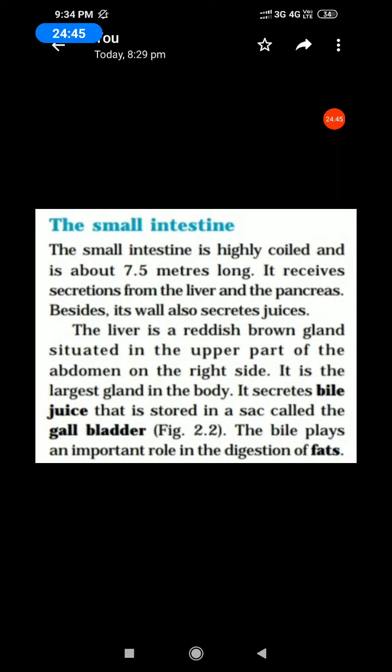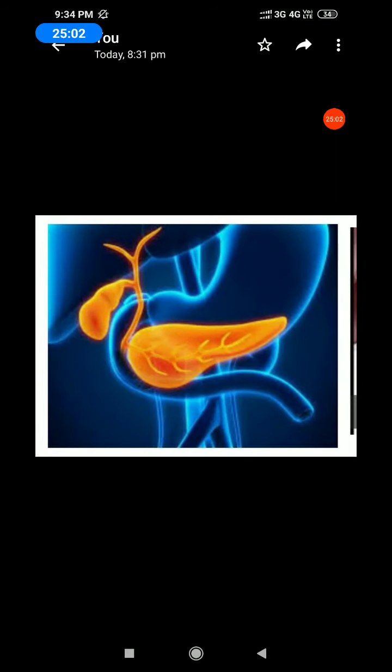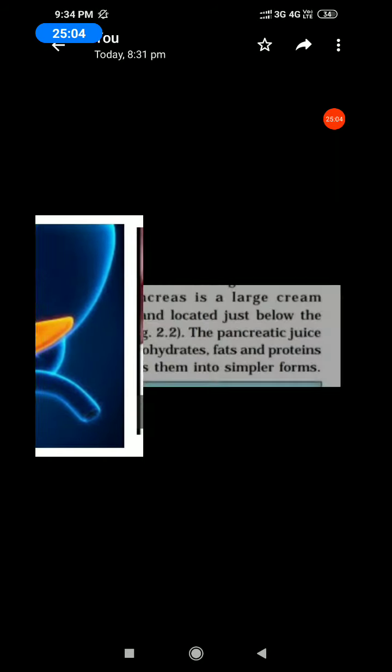Bile plays an important role in the digestion of fats.